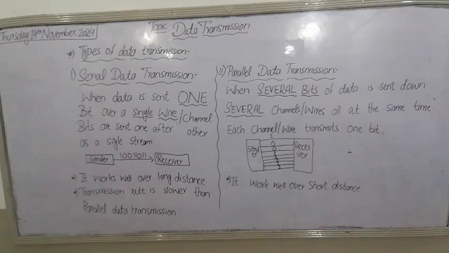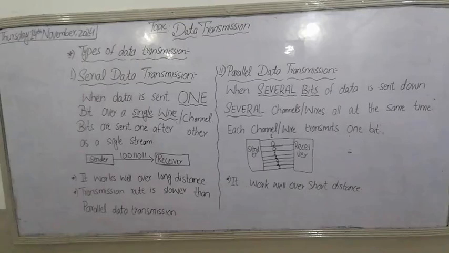And there is one more thing: because we have to use several channels, or you can say wires, in this type of data transmission, that is also one of the reasons that it's not that preferable over long distance. It's quite expensive compared to serial data transmission.